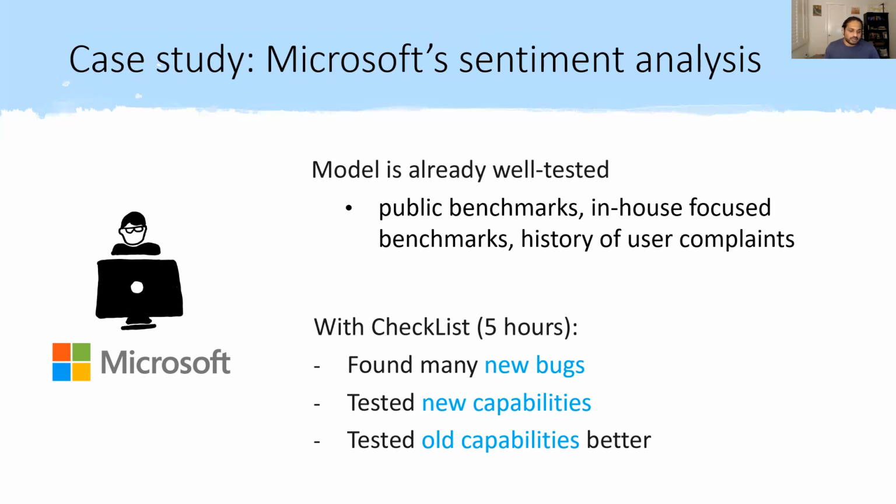It uses public benchmarks and all kinds of things to test itself. They spent about 5 hours with CheckList, and they came back with many different bugs that they didn't know about. They thought CheckList was useful to test new capabilities that they hadn't thought of, but it also tested their old capabilities, the ones that they knew they were testing already. With CheckList, they thought they tested it better.